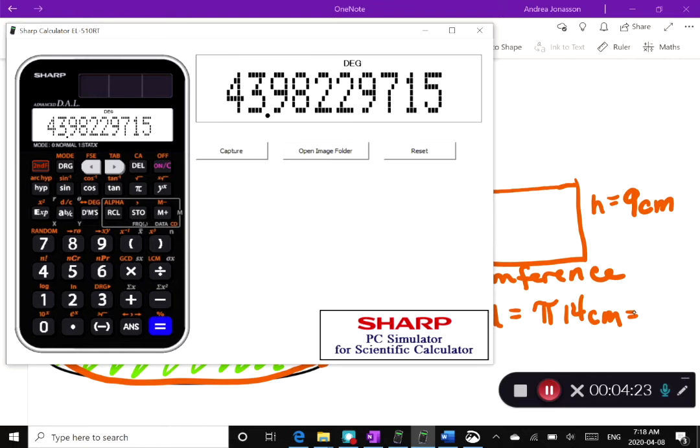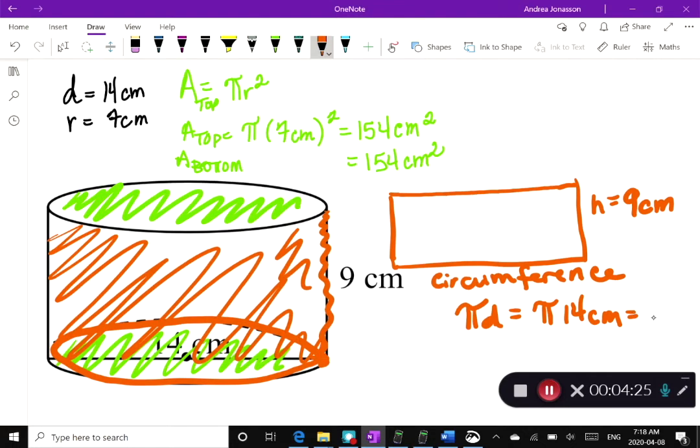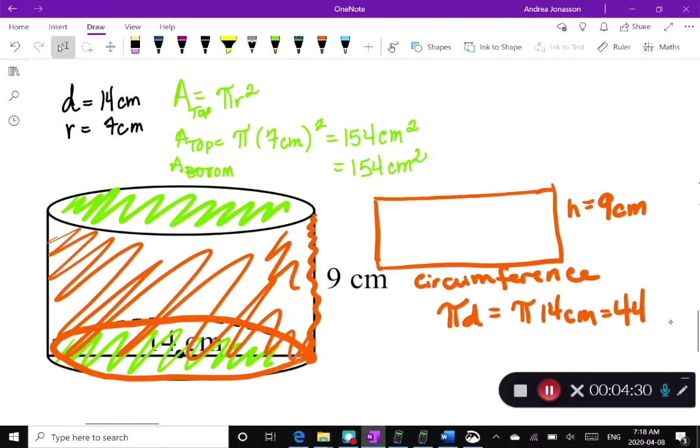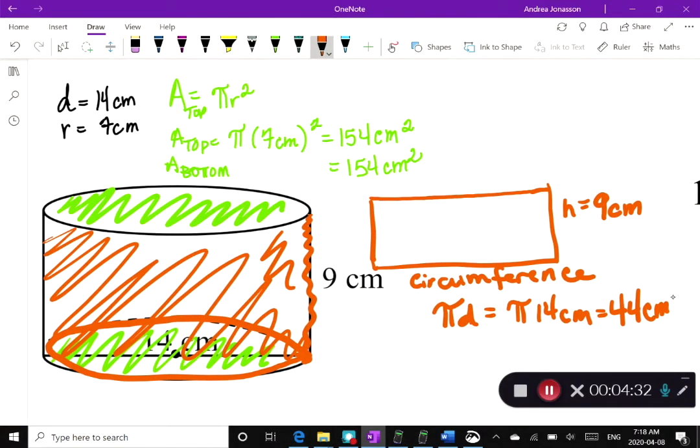I'm going to round that to 44 centimeters.